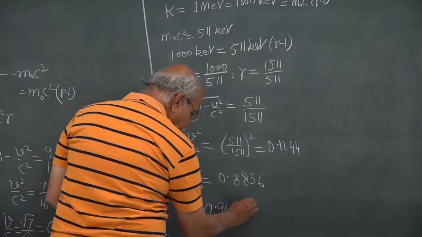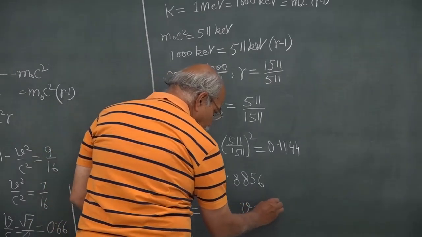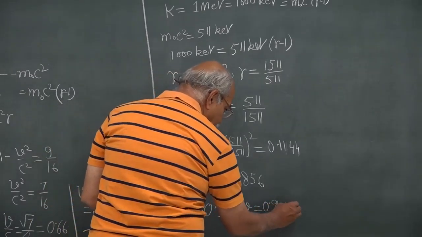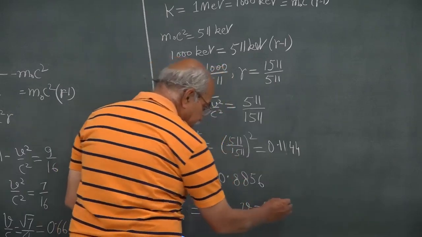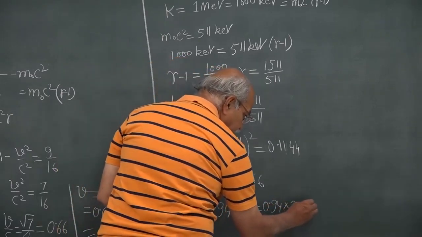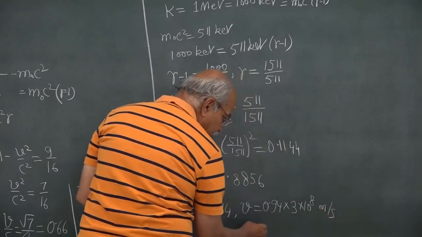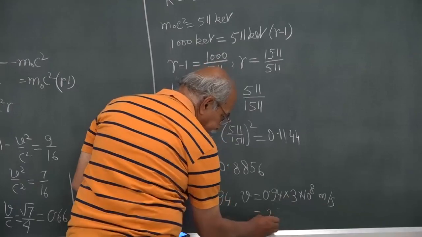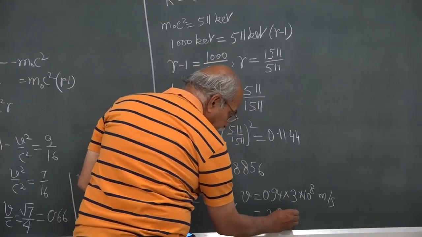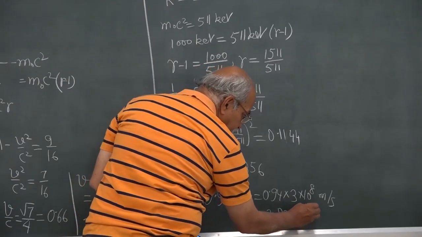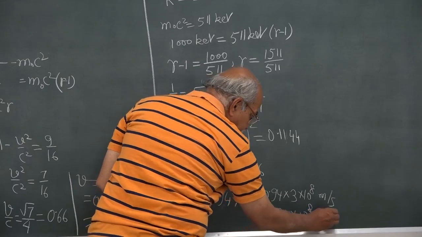So v is equal to 0.94 times c. c is 3 into 10 power 8 meter per second, so multiplying by 3 also, v is 2.82 into 10 power 8 meter per second.